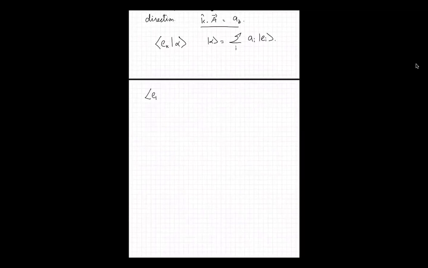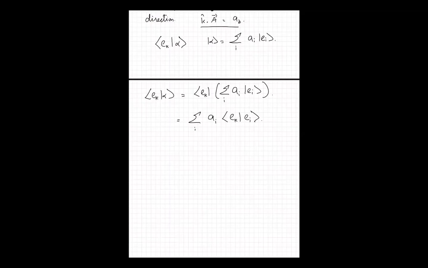So when I take ek alpha, I'm taking ek times the sum over i of ai ei. This is nothing but the sum over i of ai, because the dot product does nothing to the numbers, I can pull the number out, times ek ei.